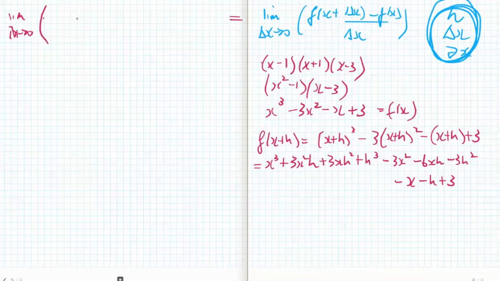Lambda x, so it's going to be f of x plus lambda x, so x cubed plus 3x squared lambda x plus 3x lambda x squared plus lambda x cubed minus 3x squared minus 6x lambda x minus 3.